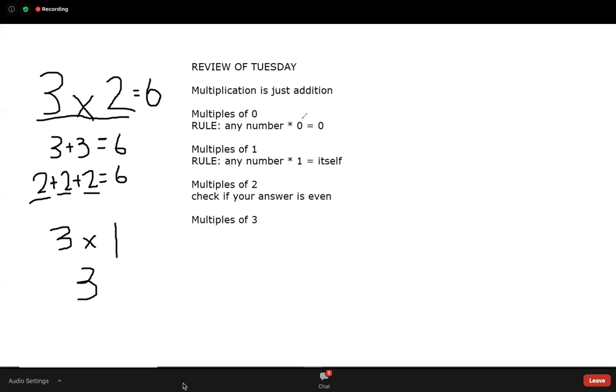So now let's look at multiples of 3 and see what the way we would check our answer is for multiples of 3. Okay, so what you want to do for 3 is you want to check to see if the digits of the answer add to a multiple of 3.